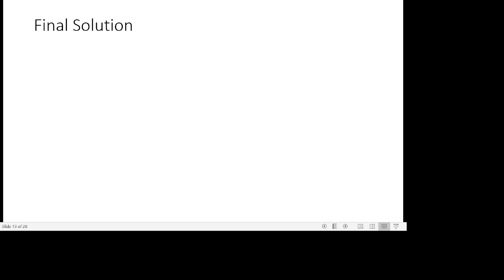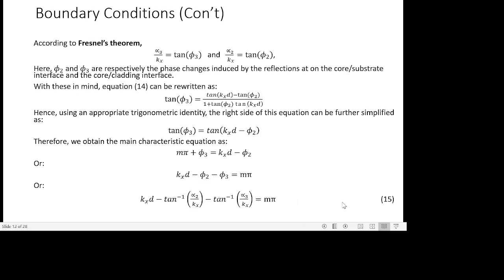It will be based on equation 15. So what we are going to do next is to replace this term with an expression in terms of V and B. And we are going to do the same for this term, replacing it with an expression in terms of B. And this term we are going to do the same, expressing it in terms of B. But we need to do a little bit of adjustment because this is the upper interface.